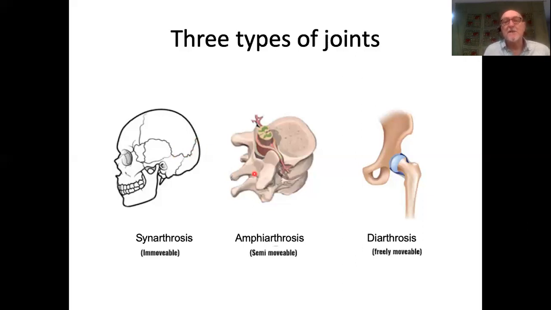The next kind is an amphiarthrosis. And an amphiarthrosis is a joint which allows a certain amount of movement, but it's limited. And very typically, those would be the joints, for example, between the vertebrae, which allow a certain amount of movement, allows the spine to bend forward, for example, and also allows a certain amount of rotation.